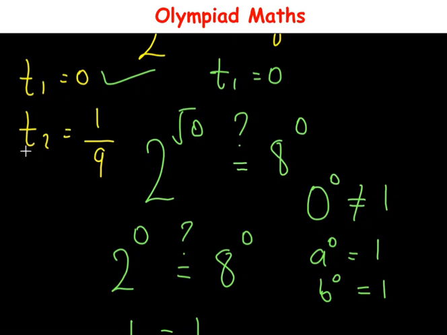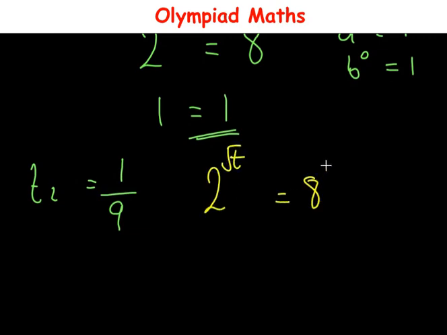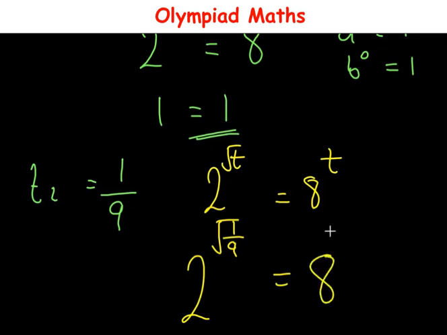Now for the second value of t, which equals 1 over 9, let us check that out. So for t2, which equals 1 over 9, the equation is 2 raised to power root t equals 8 raised to power t. Putting the value of t as 1 over 9, this becomes 2 raised to power root 1 over 9 equals 8 raised to power 1 over 9.